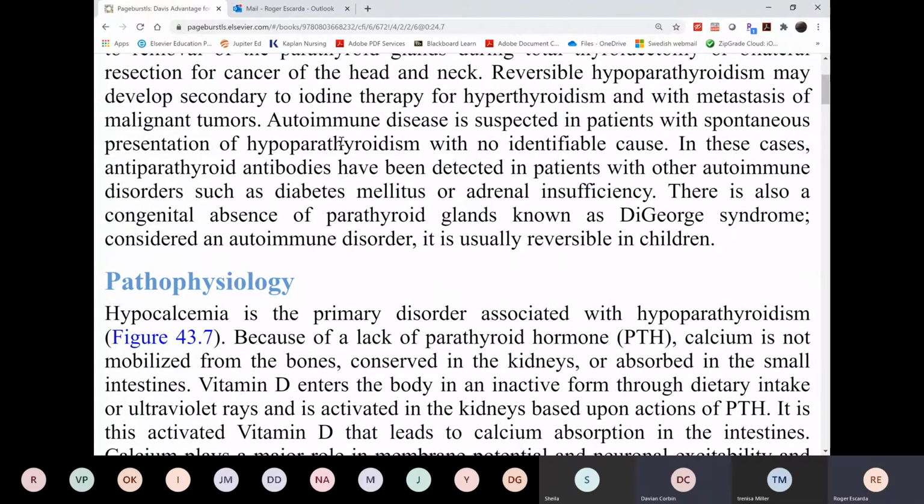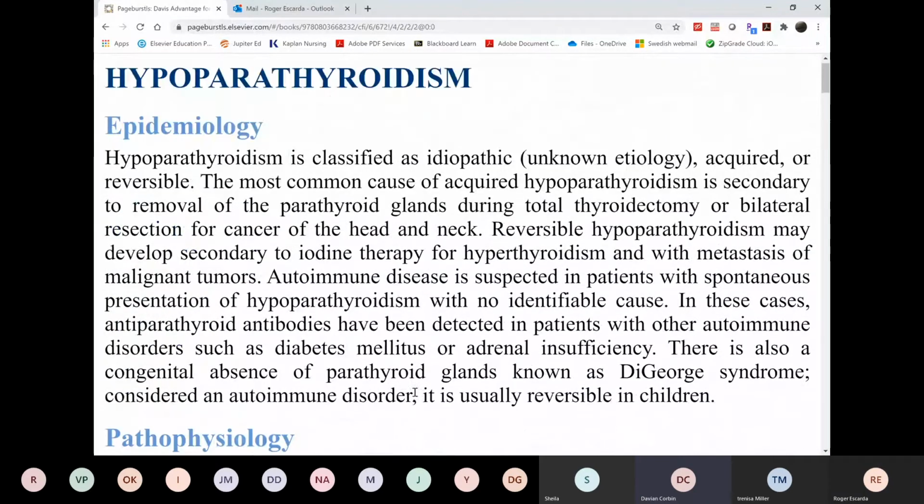Reversible hypoparathyroidism may develop secondary to iodine therapy for hyperthyroidism with metastasis of malignant tumors. Autoimmune disease is suspected in patients with spontaneous presentation of hypoparathyroidism with no identifiable cause.